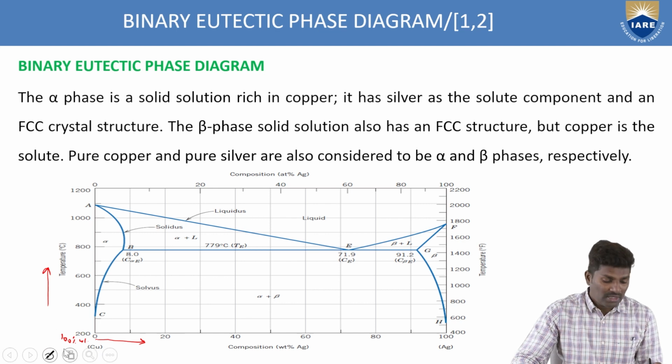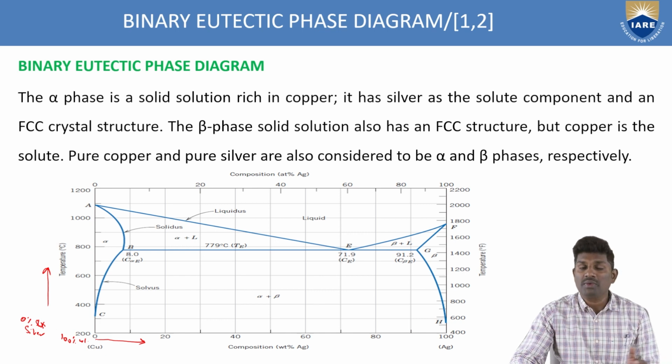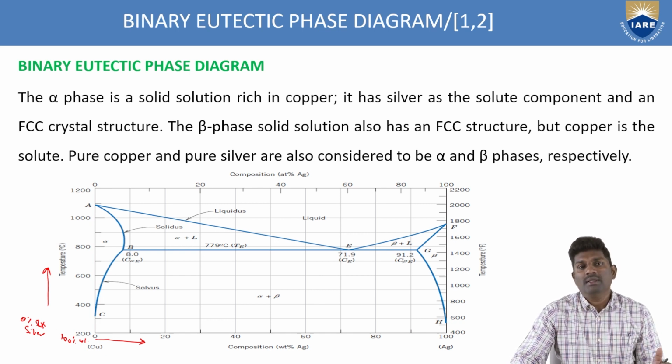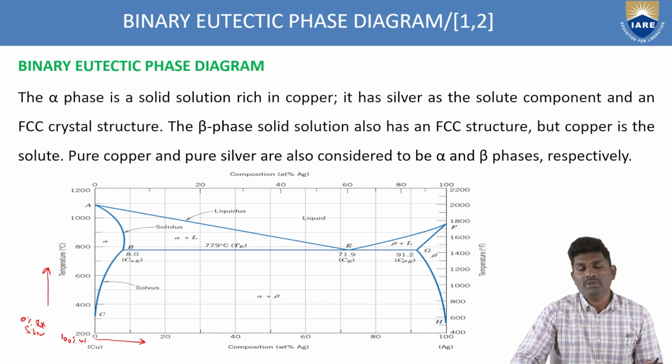That means there is 0% weight percent of the other end, silver. Slowly you increase the percentage of silver from 0 to 100, and the percentage of copper slowly decreases from 100 to 0. So that is how you have to give the composition weight percent.